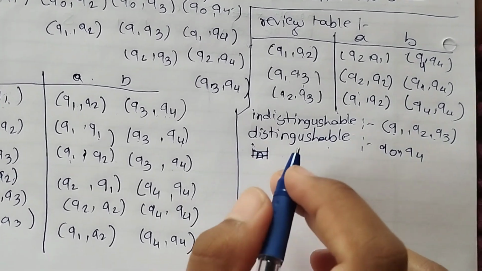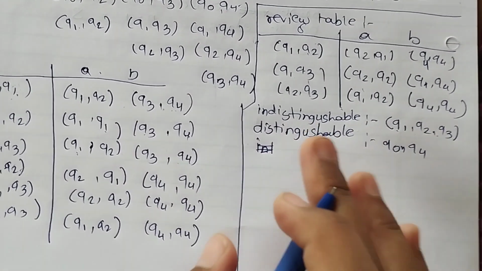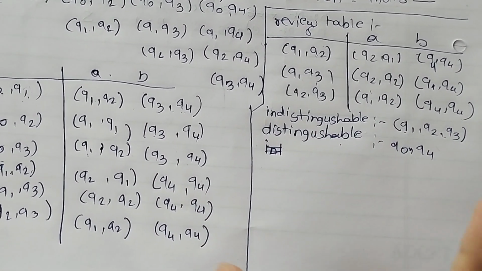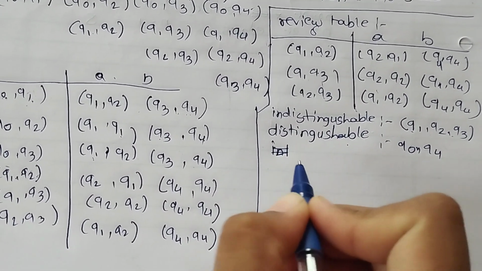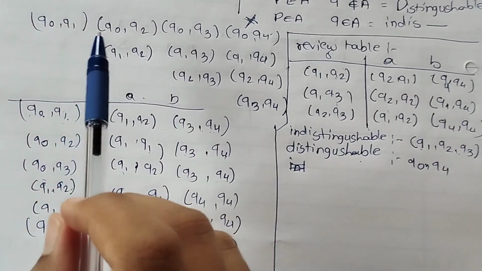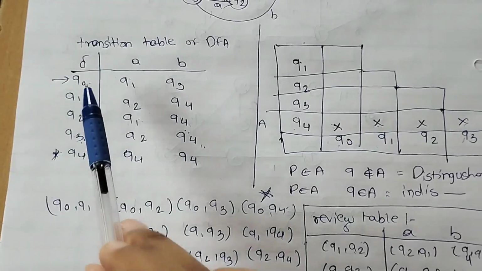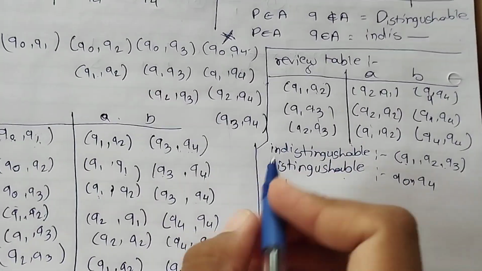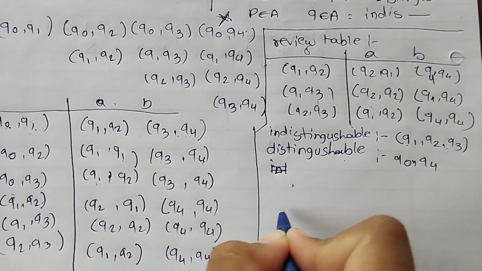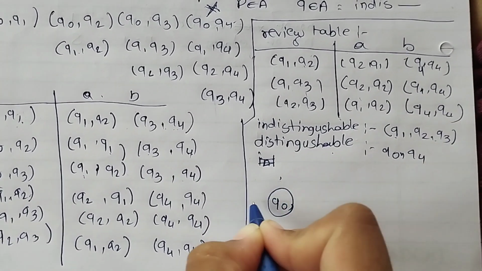So now from this we start to draw our final minimized DFA. We start from Q0, because Q0 is our initial state. So first we write Q0.